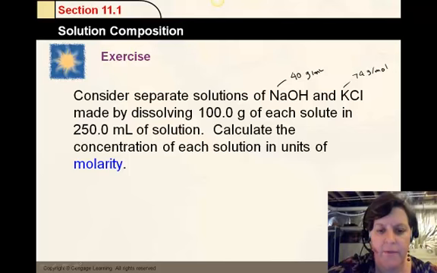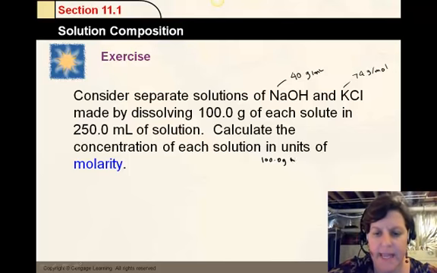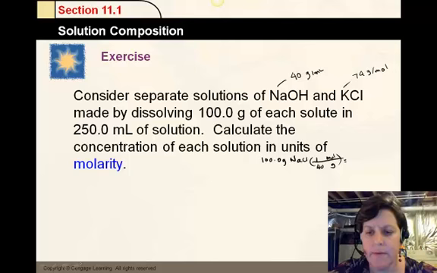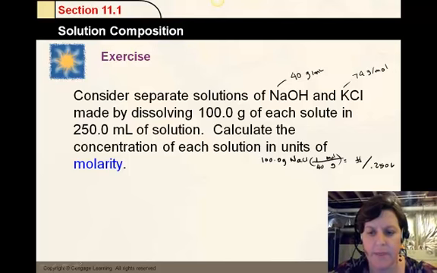You would then convert both of those to moles. So we have 100 grams of, let's say, NaOH, and you go from grams of NaOH to moles using the 40 and get a number, and then whatever number you get, you're going to divide by 0.250 liters.